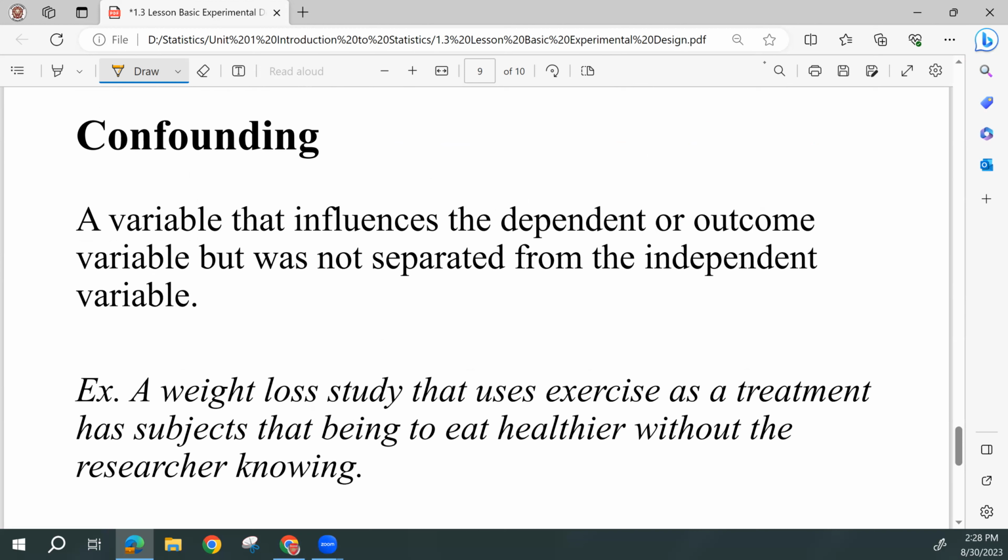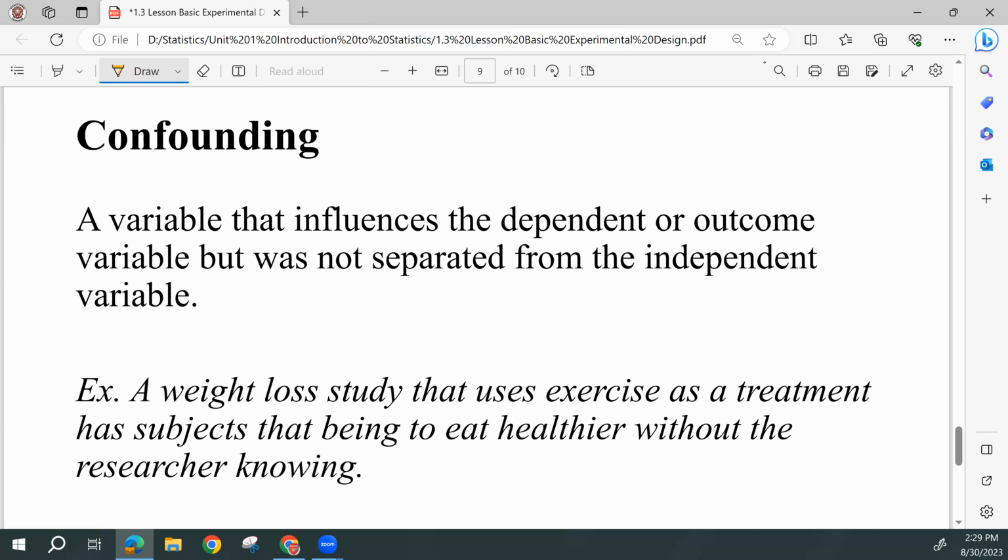One thing that we're always trying to get rid of is something called confounding, something that's related to our variables that will have an influence without us being able to separate it out or account for it. Here's an example where we have a weight loss study. So we are going to have one group do one type of exercise, and one group do a different type of exercise, and then measure the differences in weight loss.